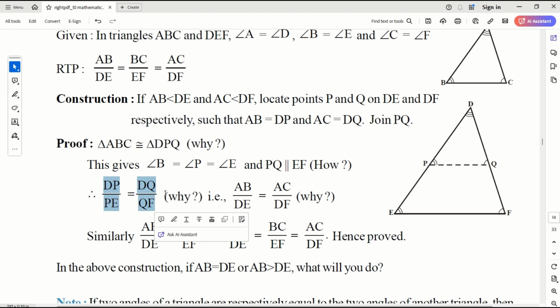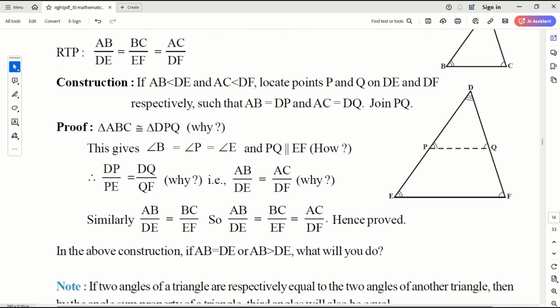You just add plus 1 on both sides. If you add plus 1 on both sides, it becomes DP plus PE by PE, and DP plus PE is nothing but DE, so DE by PE. Or take the reciprocal and add 1. On one side you will get AB, on the other side DE. So AB by DE equals AC by DF. Very easy to prove this.